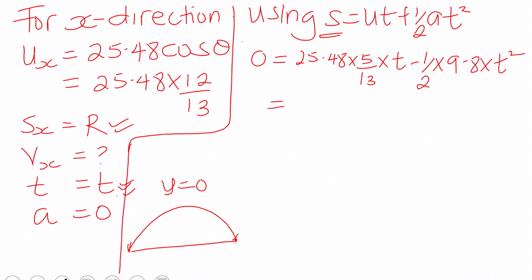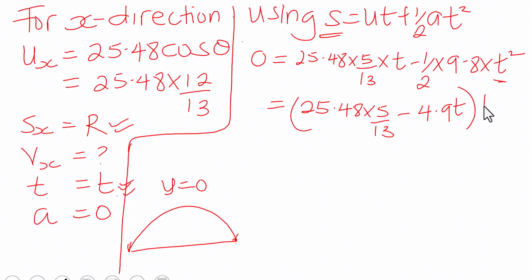So in this, I factorize t outside, I will have 25.48 times 5 out of 13 minus 9.8 divided by 2 will get 4.9, and we remain with 1t when we take 1t outside. So we shall have a t. When you multiply this t here, you will get back that. When you multiply it here, you will get that. And this is equal to 0.